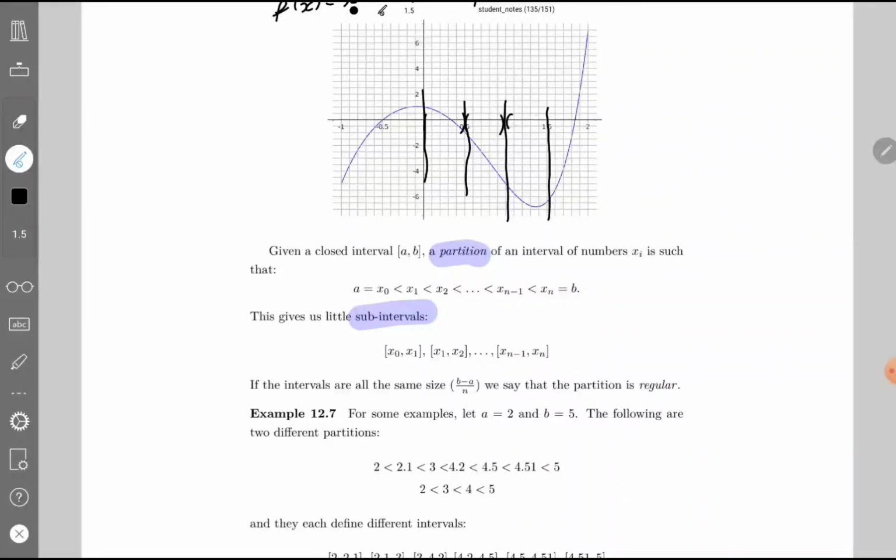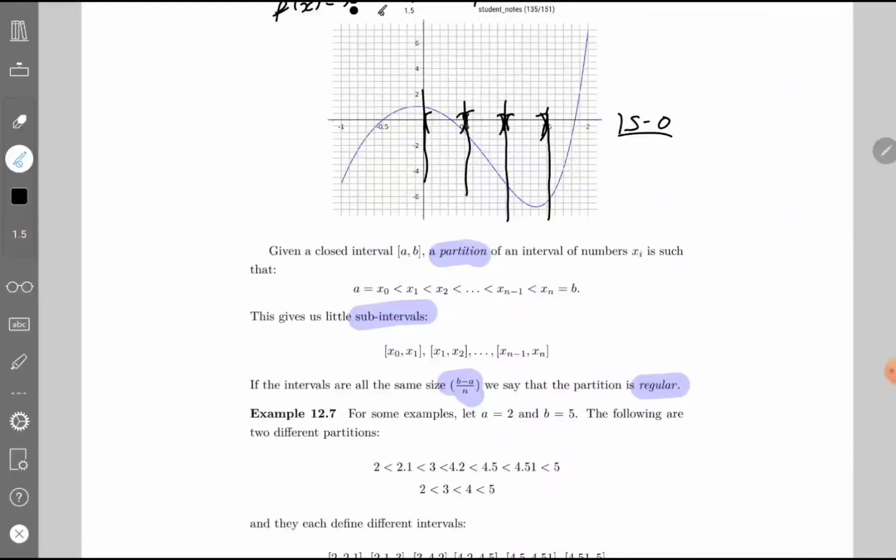They're all 1/2 distance for the intervals. If they're all the same, then we say that the partition is regular. In this case, they're all going to have the same size, and our size is going to be b minus a over n. So let's try this quickly. We have 1.5 minus a, which is 0, divided by n.